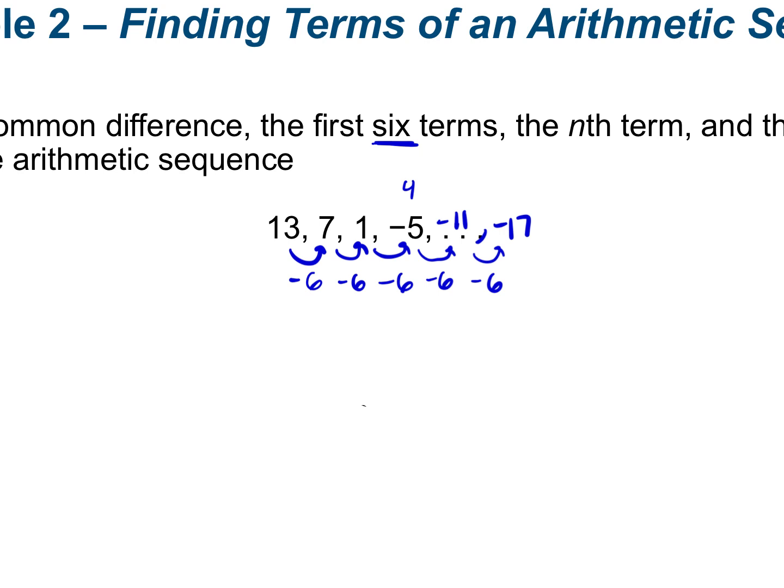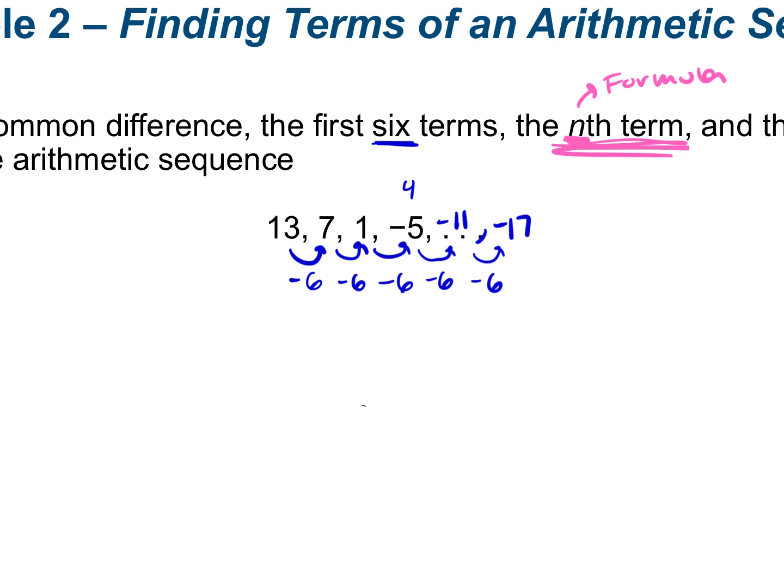Next part of this question says find the nth term. Nth term is just the formula, where we just keep n as n. It's just the general rule for this sequence. So we just keep n as n, and then we can find whatever term we want after that.